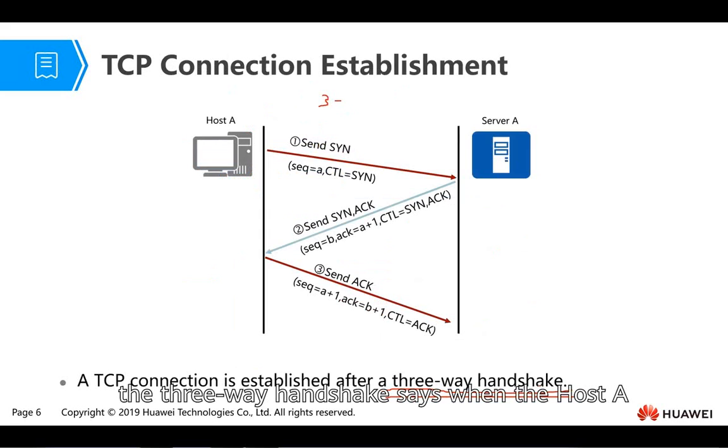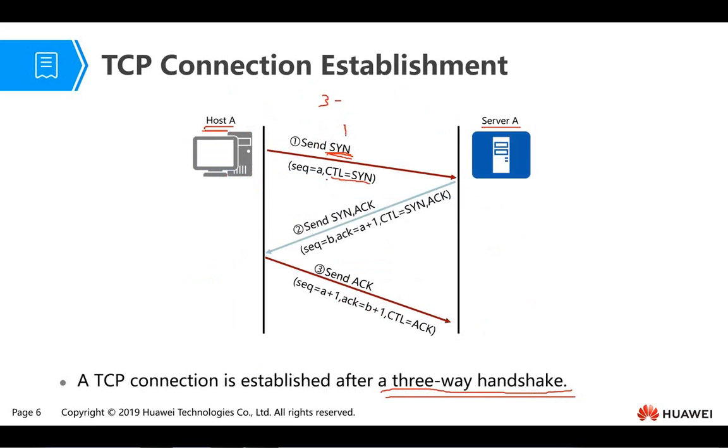When host A wants to access a server, for example a web server, first host A sends a SYN packet. The SYN packet means the SYN flag is set to 1, and host A announces a sequence number, A.